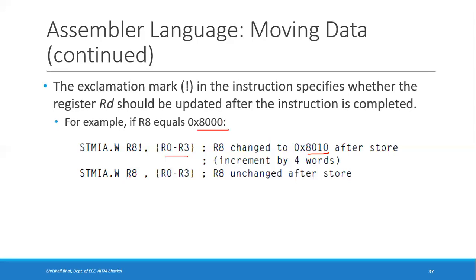Exclamation sign means the register will be updated with the new address, where newer store operations can store the data. If you do not use it, the register remains as it is, and only the contents of the register will be copied into the memory location pointed by it. Okay, I hope you are getting it.